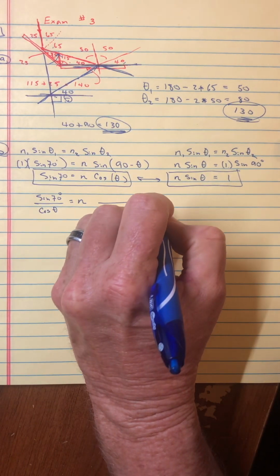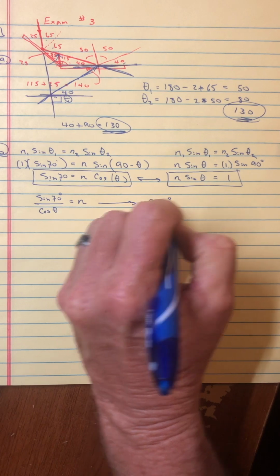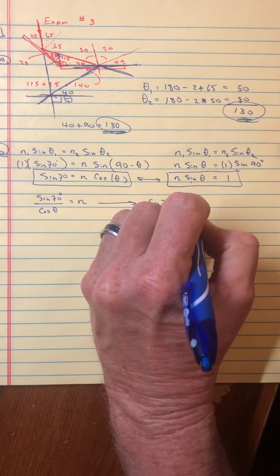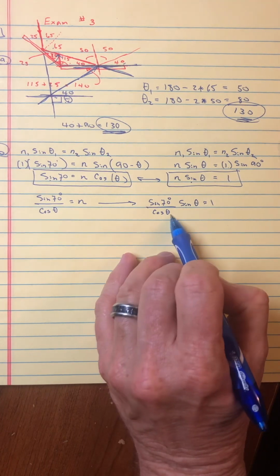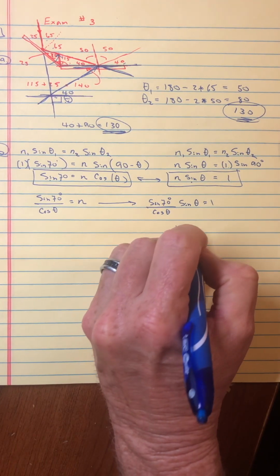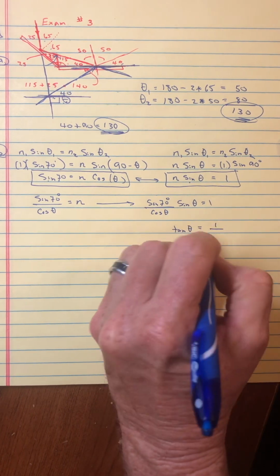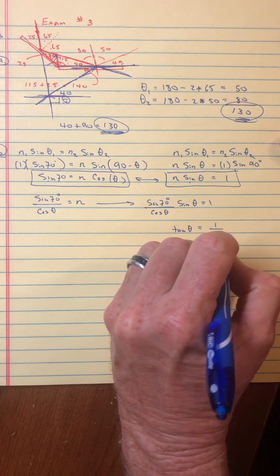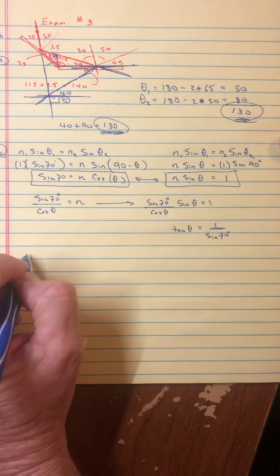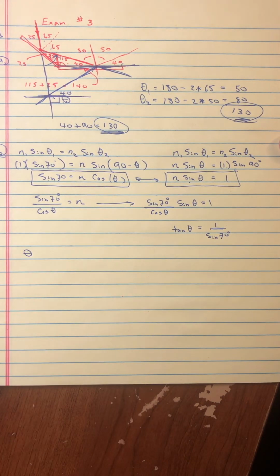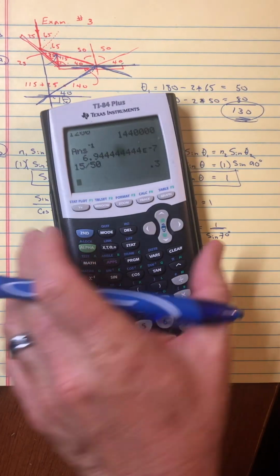So this will be sine of 70 degrees over cosine theta, and then times that sine theta equals 1. And then the sine theta over cosine theta, I'll replace with tangent theta. And then I'll even move the sine to the other side. And now I can solve for my critical angle.